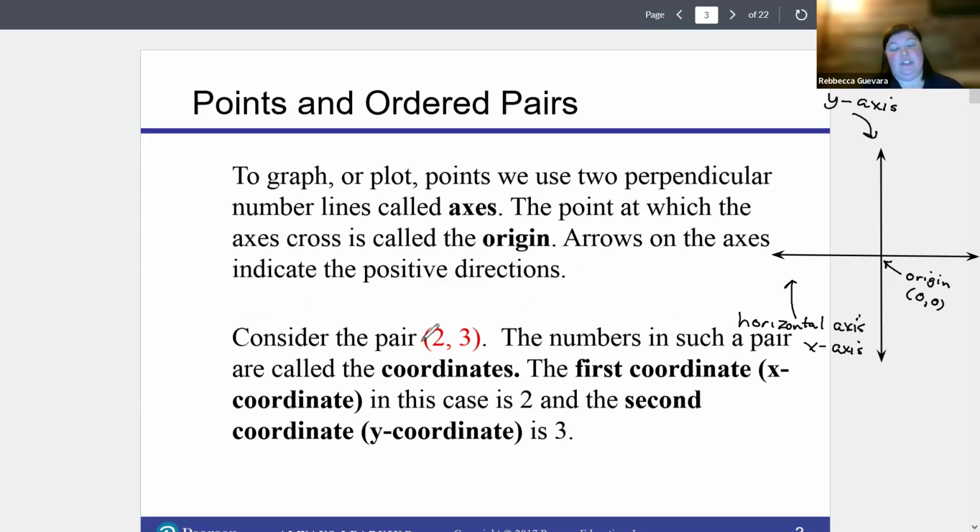And when we were considering trying to show a pair of numbers, 2, 3, the numbers in such a pair are going to be called coordinates. So this is two different coordinates. This is your first coordinate, and this is your second coordinate.